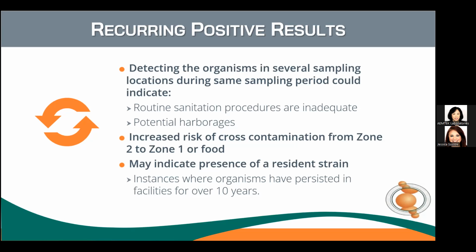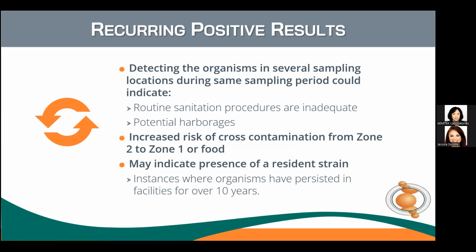And in this case, you have an increased risk of contamination from zone 2 to zone 3 and eventually to food. And recurring positive results also indicate a potential presence of resident strain. In those instances, the organism has persisted in equipment for a while.